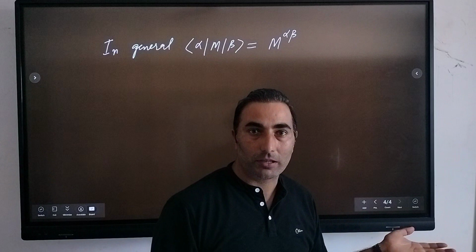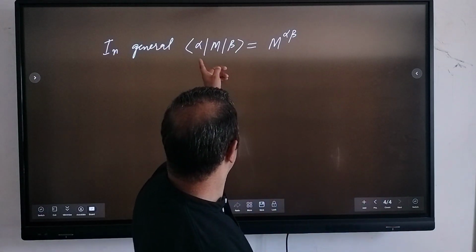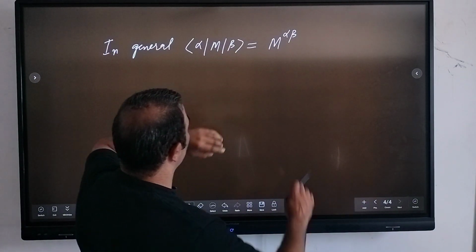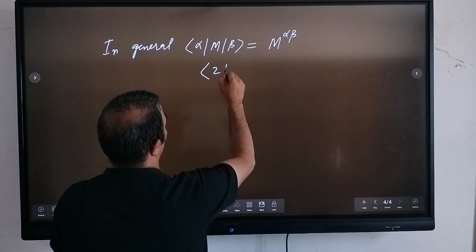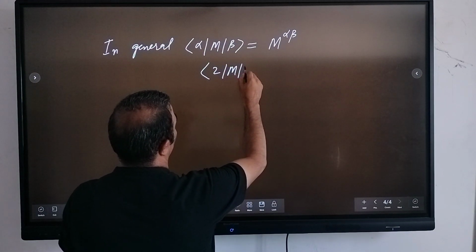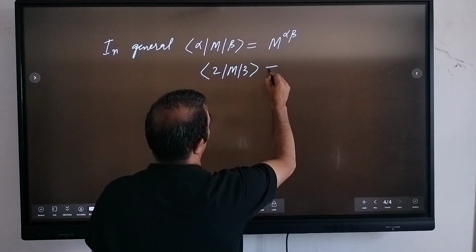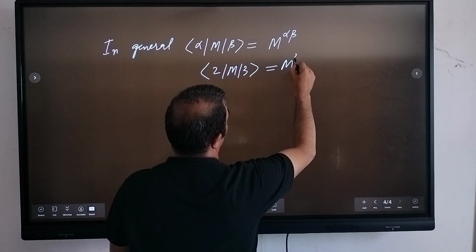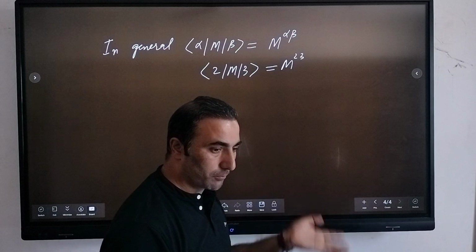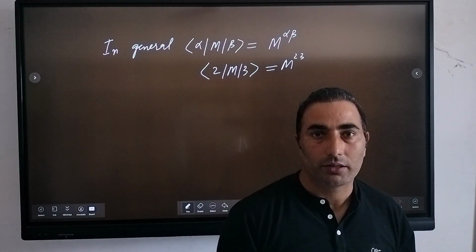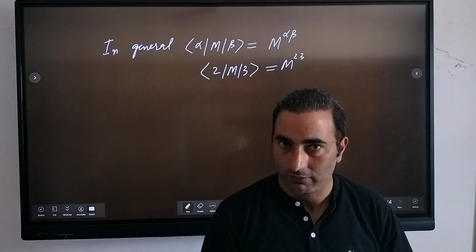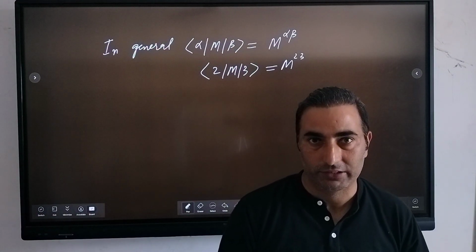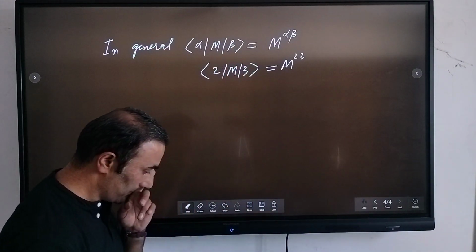So if it will be 1 1, and similarly if I want to calculate this 2m3, this gives me m2. So following the same procedure, you can calculate the different elements of that square matrix, right? With the help of this completeness relation, right? So this is very clear, right?